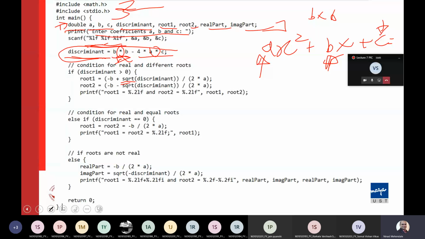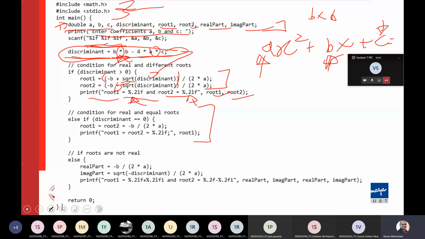We have already computed b square minus 4ac, so we can directly substitute here, divided by 2a, because the whole term is getting divided by 2a. A bracket outside will work. Similarly, root 2 only changes plus to minus, the rest of the formula remains the same. Then you print root 1 with %.2lf, that is up to 2 decimal places accuracy, and root 2 again %.2lf, and root 1 and root 2 are displayed.